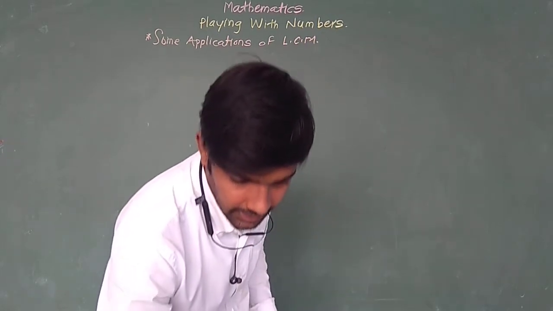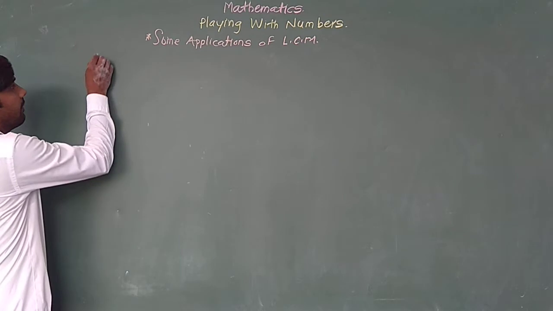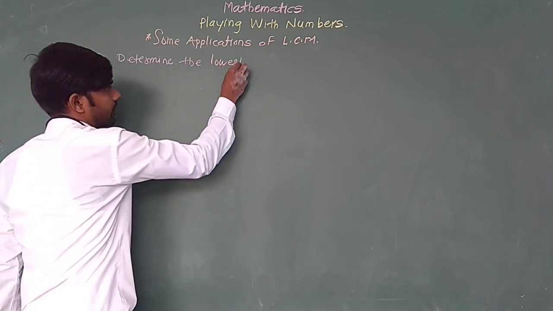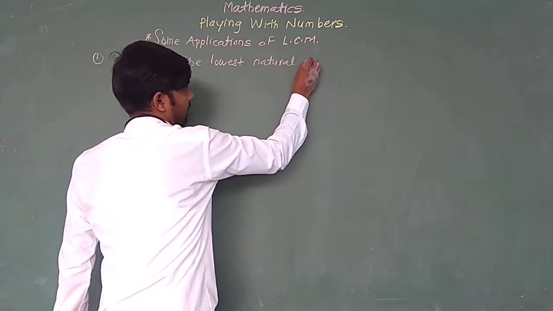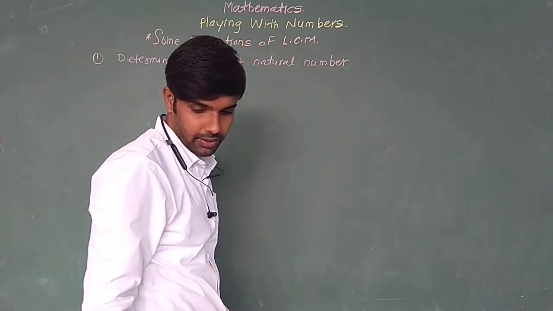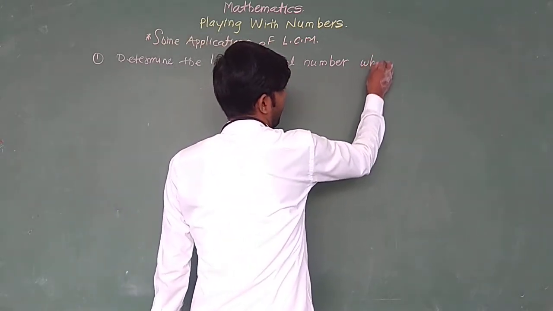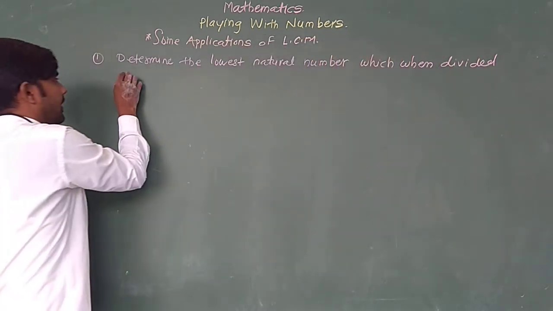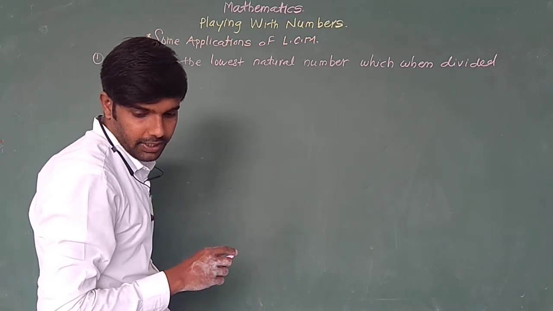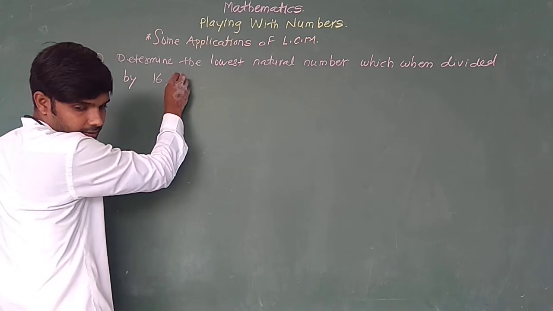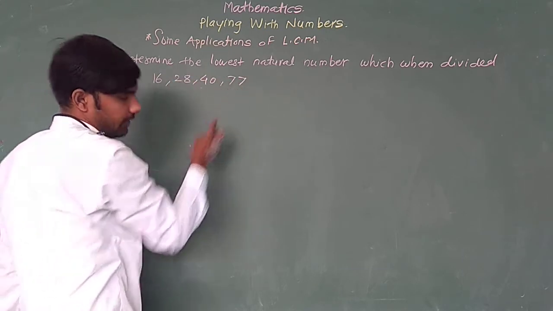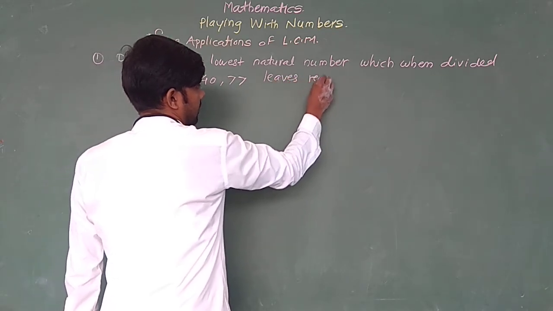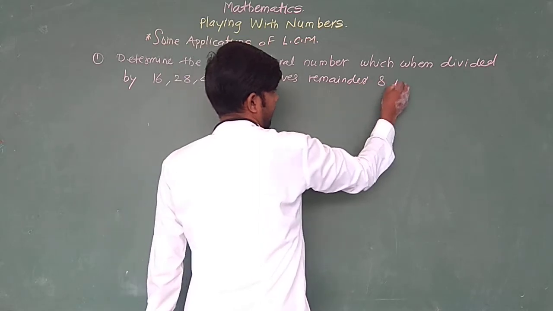So write down example number first. Determine the lowest natural number which when divided by 16, 28, 40 and 77 leaves remainder 8 in each case.